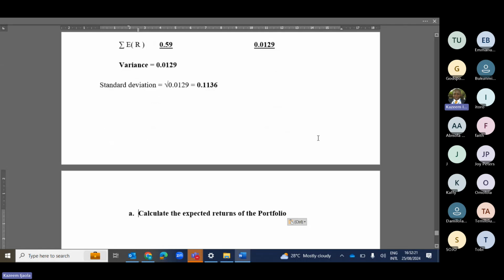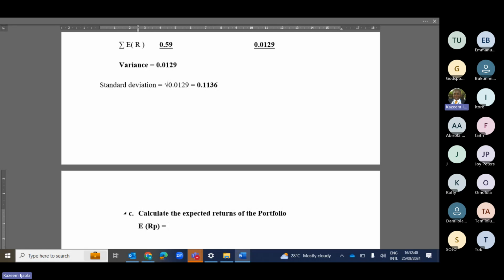When calculating the expected return of the portfolio, it is very simple. The expected return of the portfolio is ERP. This E is your expected, then R and P, that's return on the portfolio.